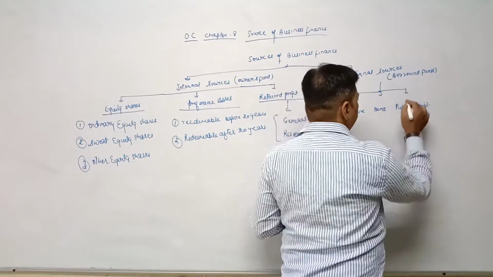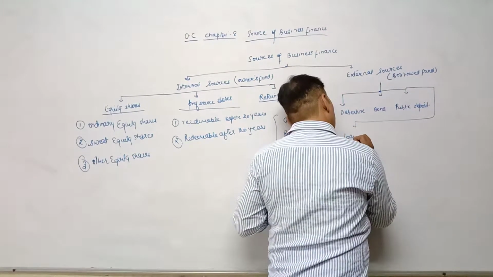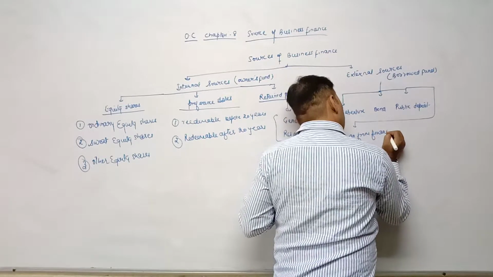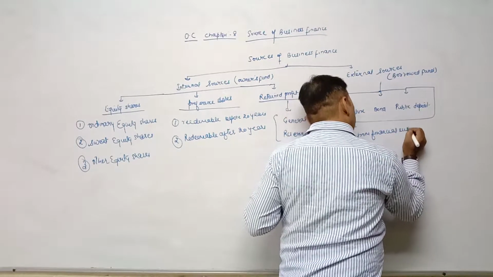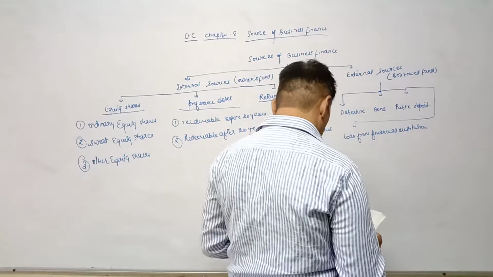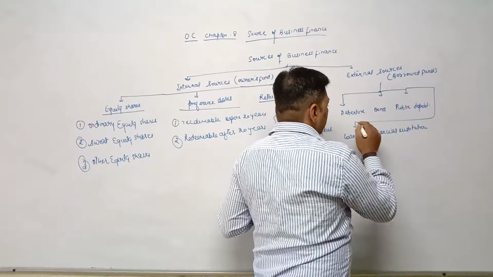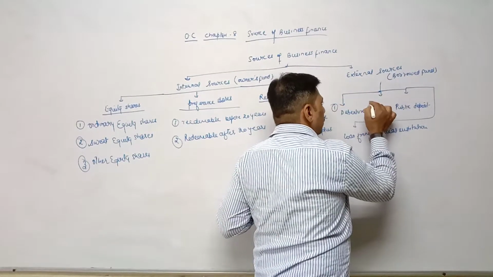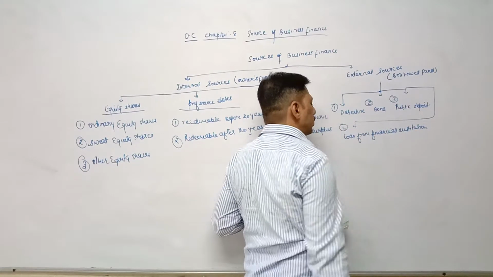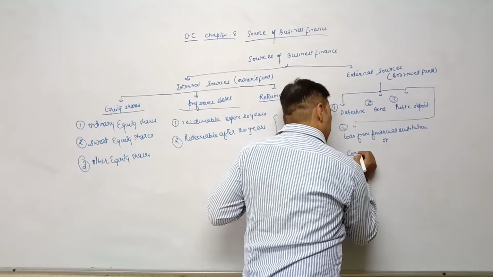Fourth one is loan from financial institutions. So these are the different types of external sources, 1, 2, 3 and 4. Loan from financial institution or bank or commercial bank.